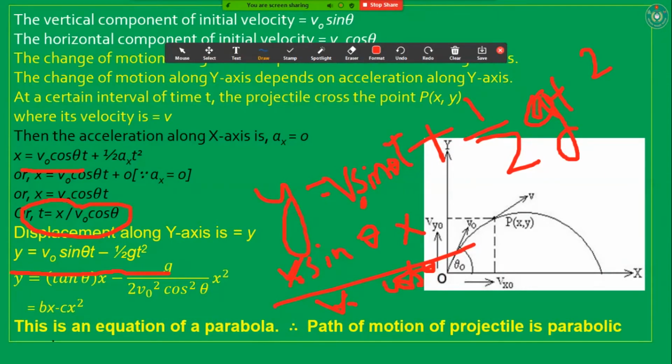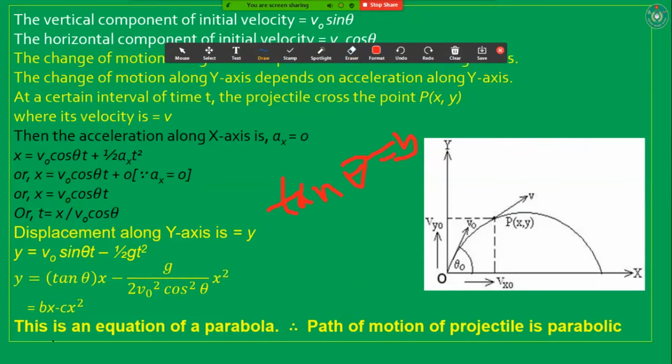My dear boys, now let tan theta be equal to b, and let g over 2 v naught square cos square theta be equal to c.